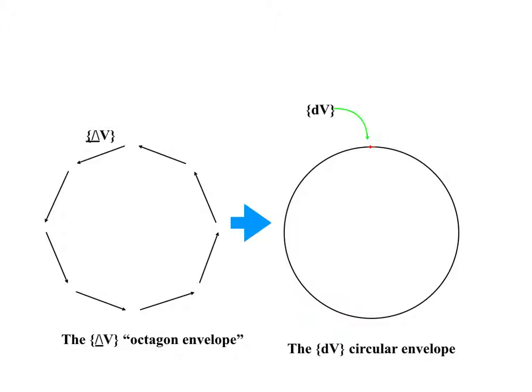And just like in the case of the circular orbit, by laying down each dV in sequence head to tail, we can create a regular polygon of infinite sides, and we again have our dV circle. And if you are concerned that we are just going to wind up with a circular orbit again, just wait and see.